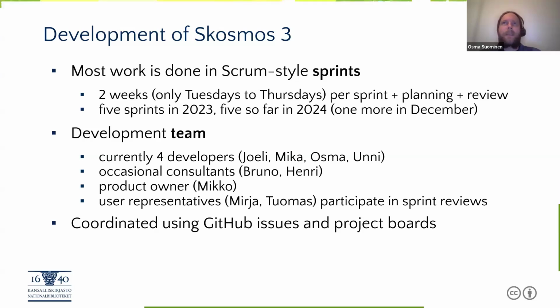So it's actually only 6 working days, because we need to have some time for other things that are important. The Mondays and Fridays are for meetings and urgent things unrelated to the sprint. And then we also have a planning meeting before and a review meeting afterwards. We did 5 sprints last year. We've done 5 so far this year, and there's one more coming up in December.